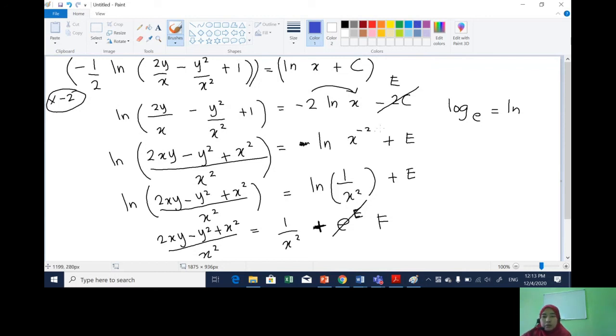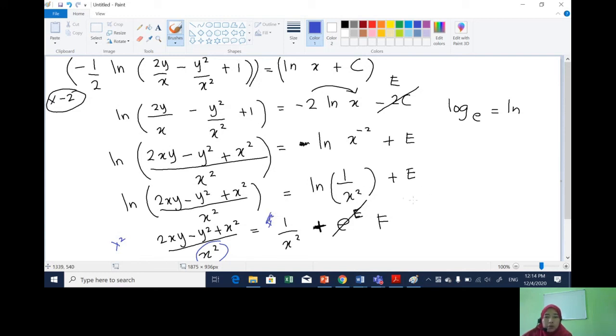So finally, our form can be written on the left hand side. So this x cancels out. You can times x squared, and so on, correct?